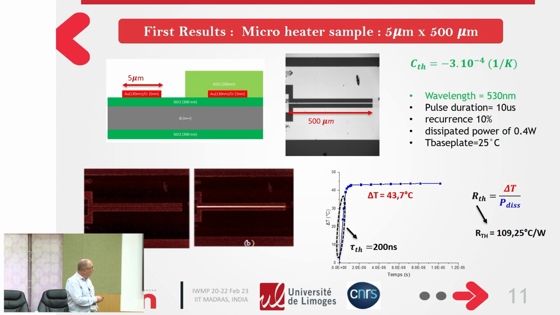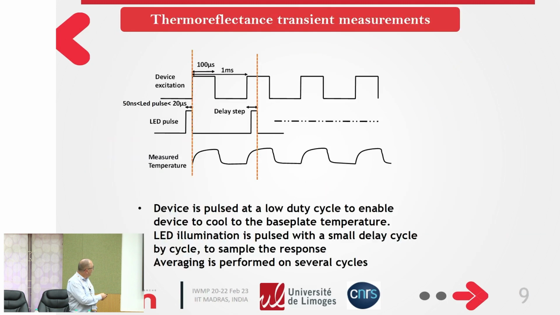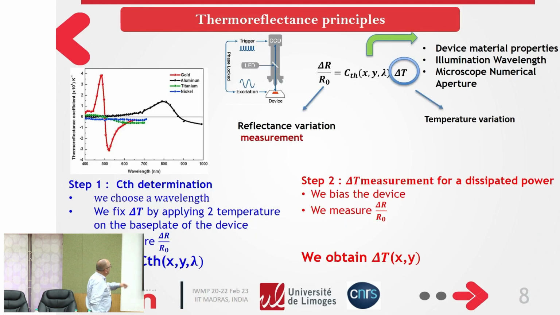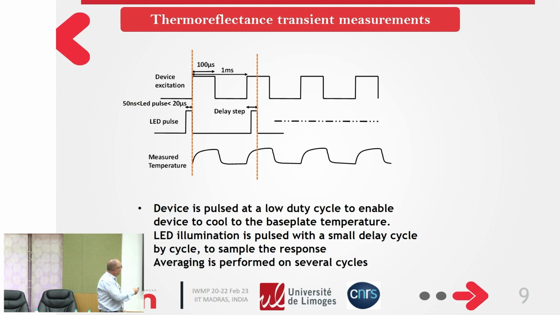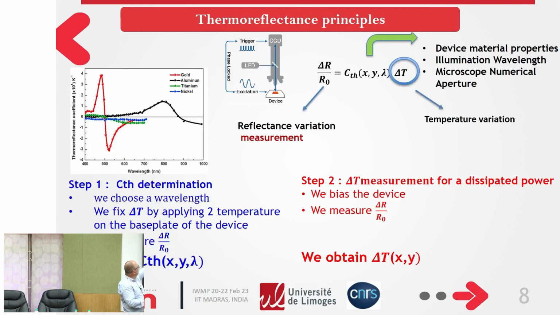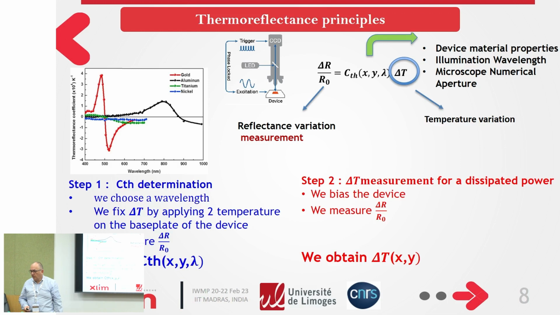We have used a wavelength of 530, as shown here. For 530, you have a very important value for the thermoreflectance coefficient, so it's very interesting. And you can choose this one or this one. It's almost the same.